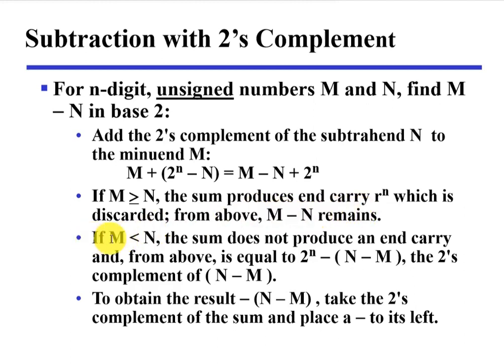If m, the minuend, is less than the subtrahend, the sum doesn't produce an end carry. Since it is equal to 2 to the n minus (n minus m), this is the 2's complement of n minus m.